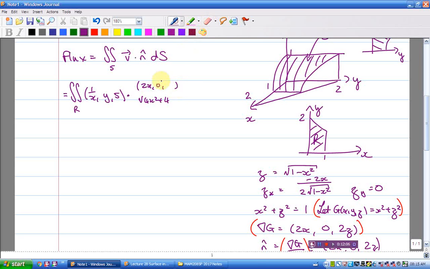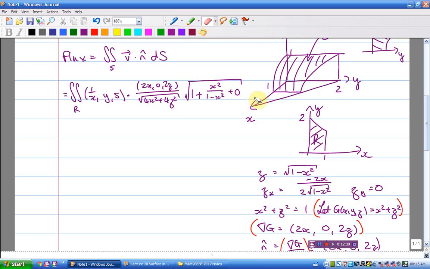Oops. And then I have my scaling factor. My scaling factor is the square root of 1 plus the x derivative squared. Let's have a look. The 2's will cancel. I'll have x squared. Oh my goodness, I'm going to move that 2.